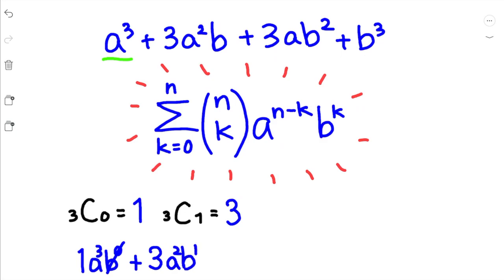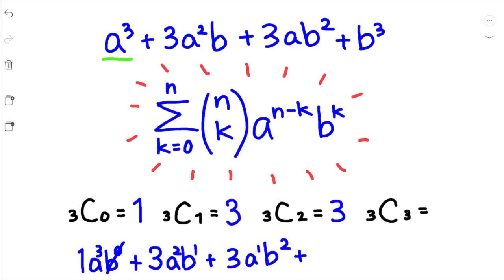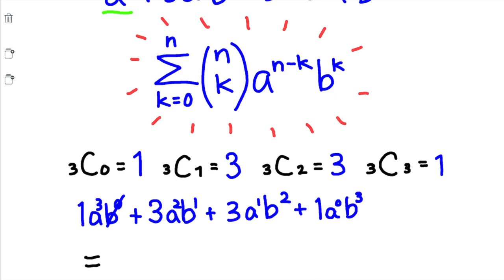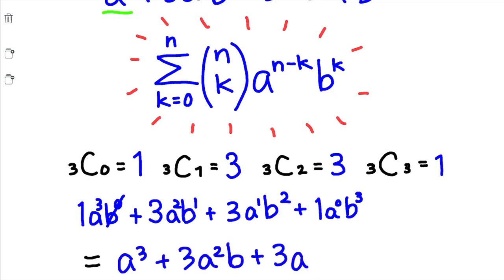The third term, k equals 2, 3 choose 2, coefficient is 3, a has the exponent of 1 and b has 2. The fourth term, k equals 3, 3 choose 3, coefficient is 1, a has the exponent of 0 and b has 3. And we have reached the ending number on here, so we stop.